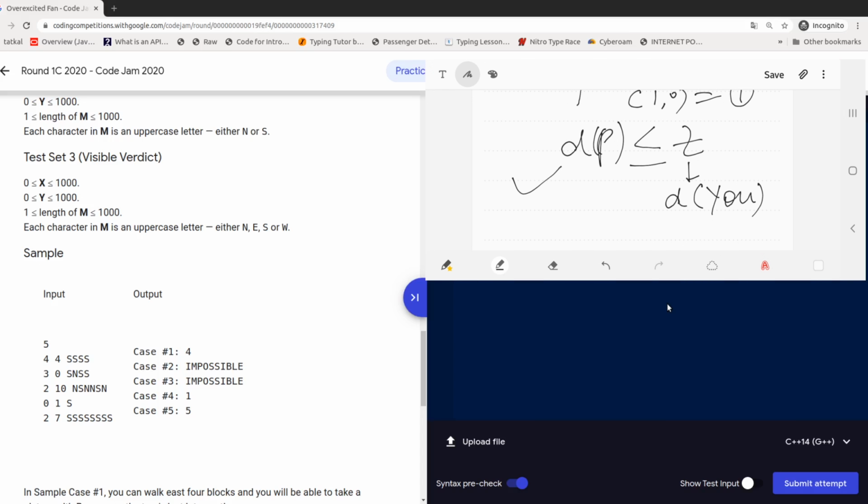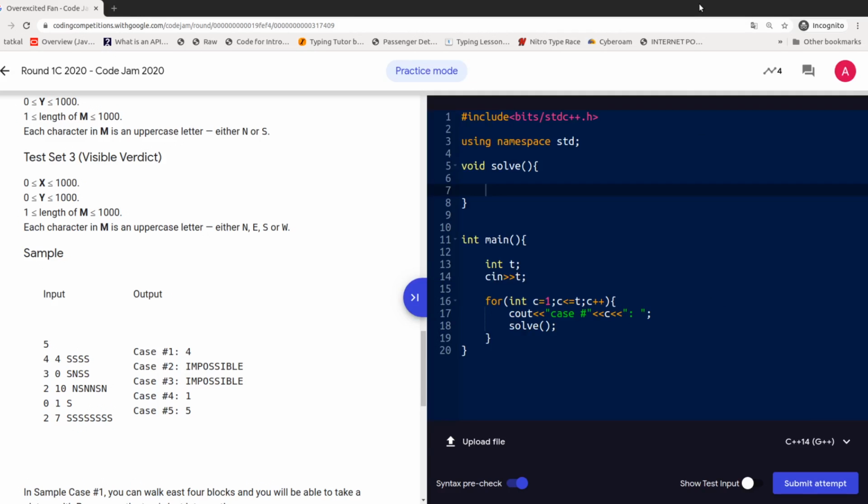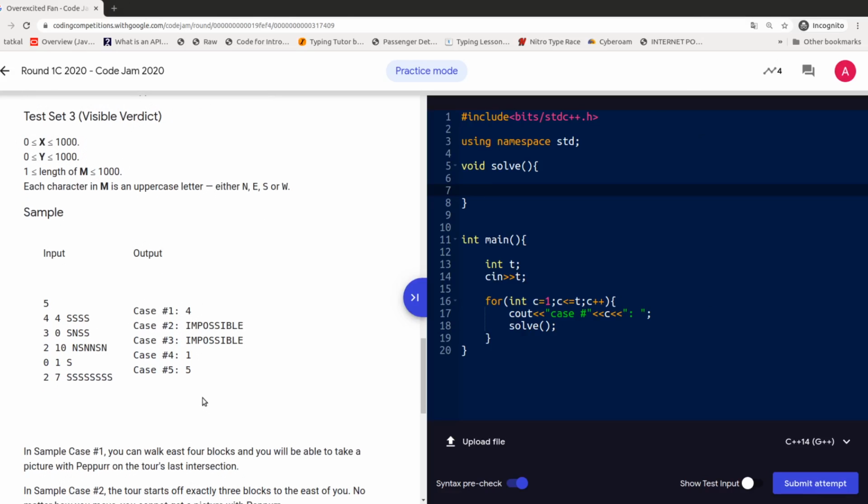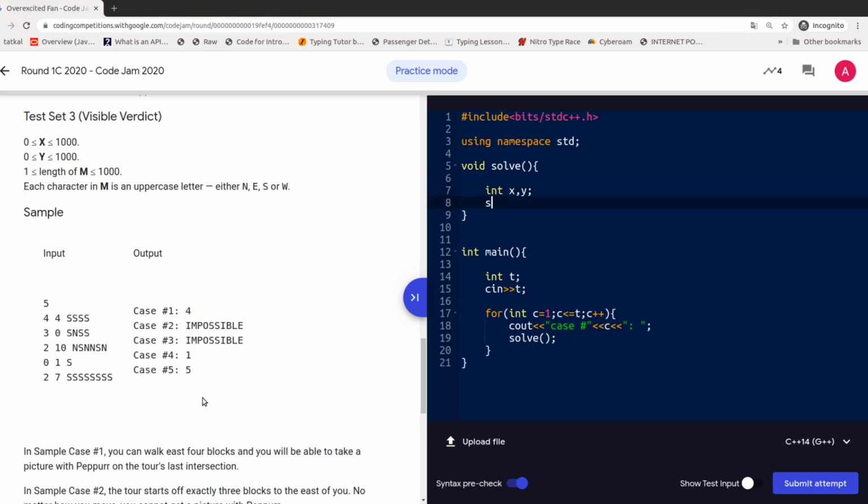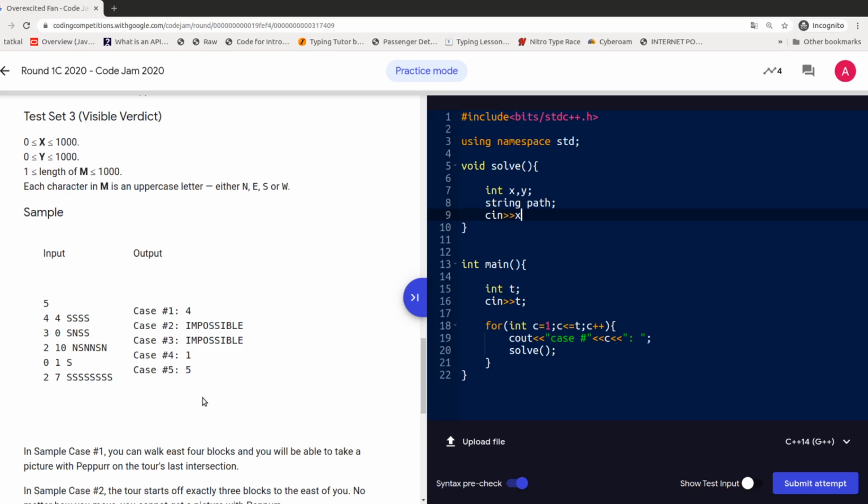So now let's code it out and understand more clearly. What I am going to do here is take the initial x and y, the initial coordinates, and also we need to take the path. So let's take the initial coordinates and then let's take the path.